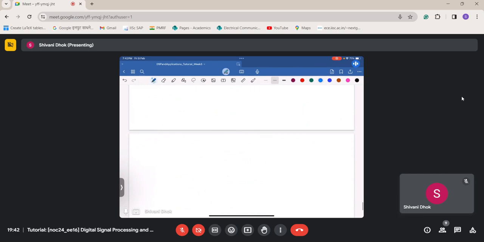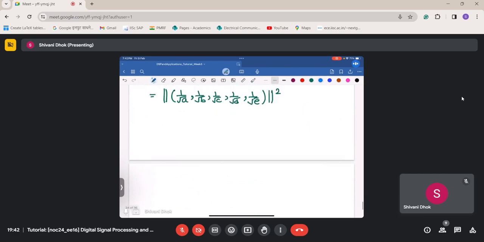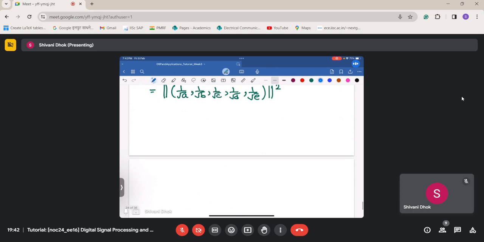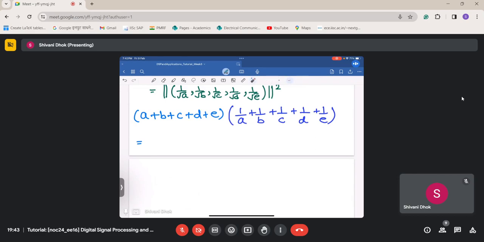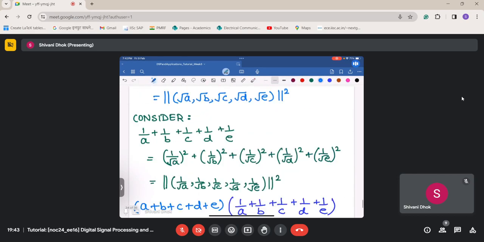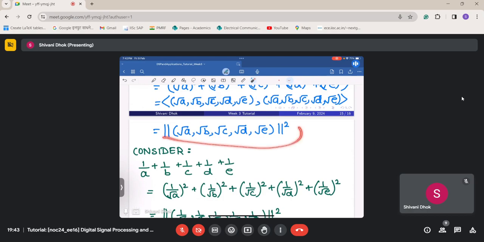Consider A plus B plus C plus D plus E multiplied by 1 by A plus 1 by B plus 1 by C plus 1 by D plus 1 by E. This thing we have found out as this first part, and it is equal to this part here.